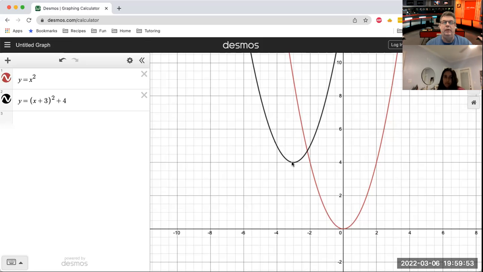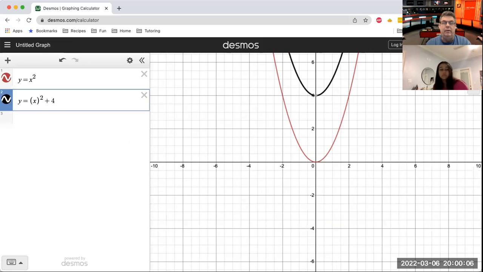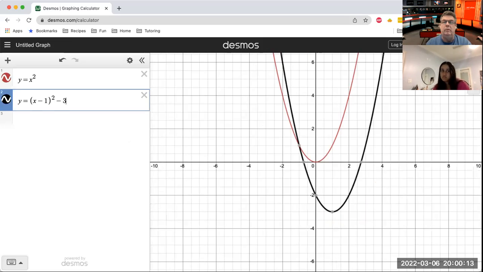And then we had what? Minus 1, minus 3. So kind of try and think what it's going to look like. Put your eye where you think it's going to look like when I put in minus 1 and then minus 3. So go to the right 1, down 3. And then we'll do the last 2.